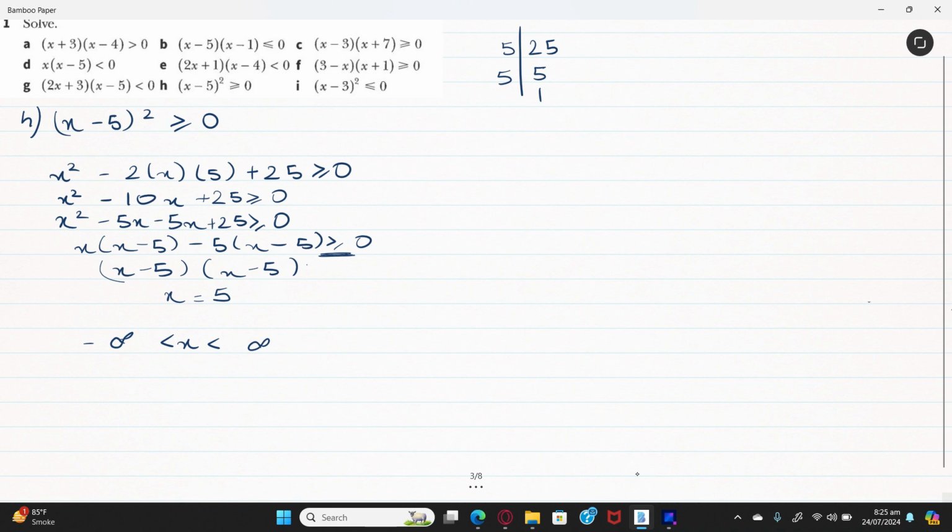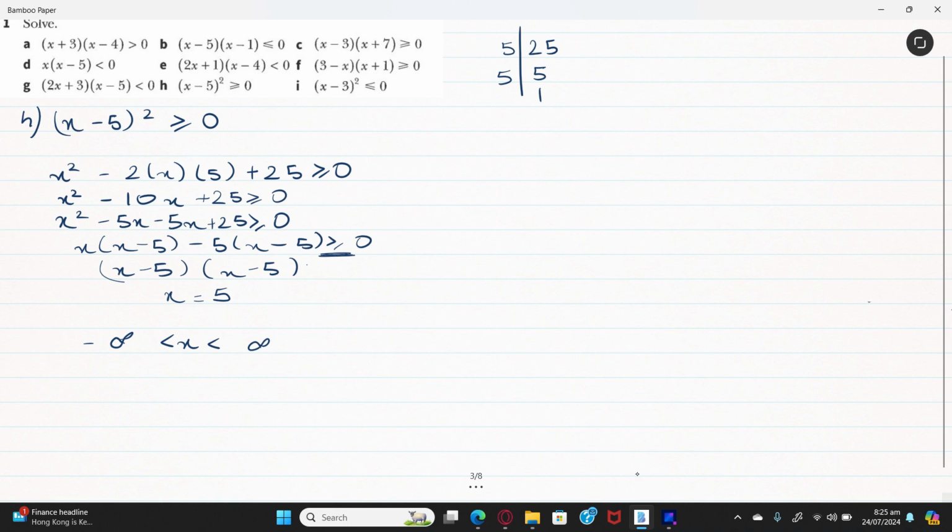So that's basically it. For whatever value we can think of, from negative infinity to infinity, basically means whatever value mathematics holds, it's going to be positive for this quadratic equation, or you can say quadratic graph.